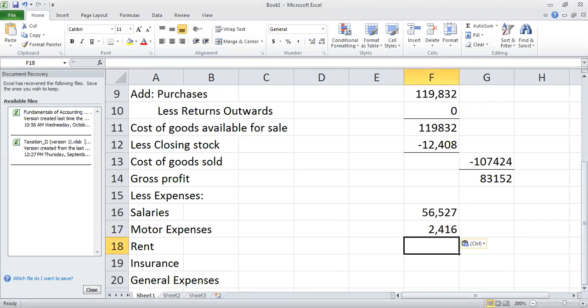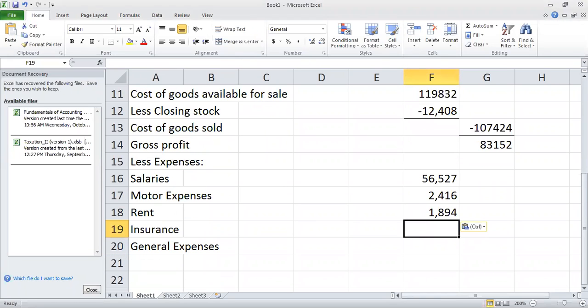Rent is $1,894. Insurance is $372. And general expenses now is $85.